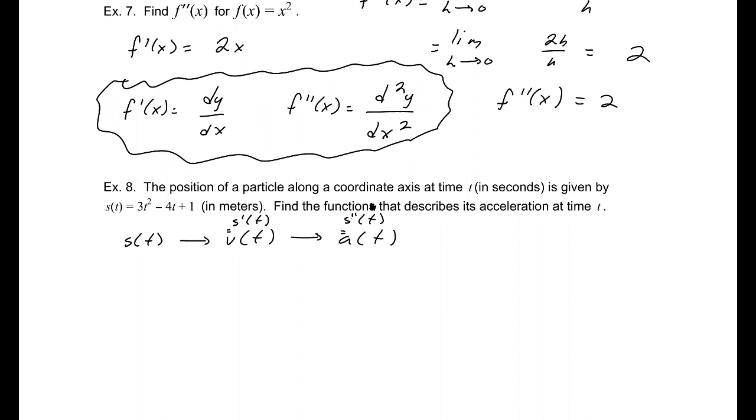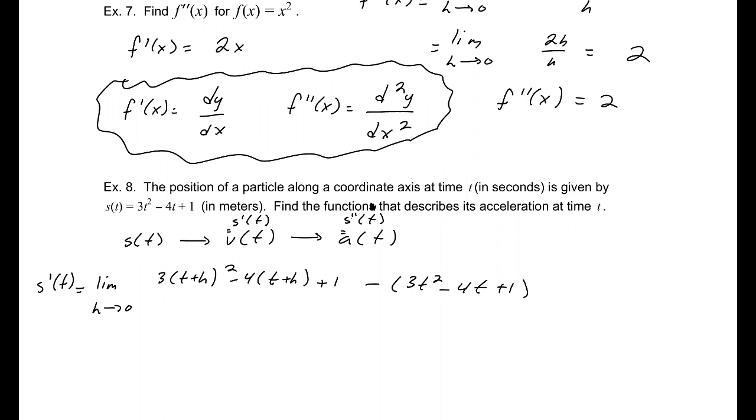All right, so the limit as h goes to 0, this is s prime of t, of s of t plus h, so that's 3 times t plus h squared minus 4 times t plus h plus 1, minus s of t, 3t squared minus 4t plus 1, all divided by h.